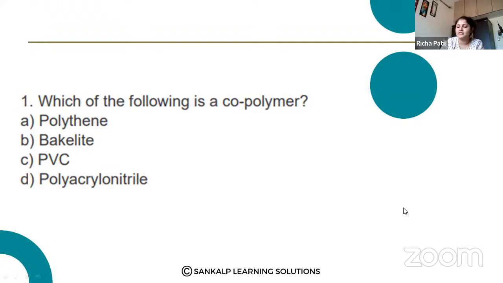It is B. Polythene is made up of ethene. Polyvinyl chloride, PVC, is made up of only one unit, vinyl chloride. Polyacrylonitrile is made up of only one unit, acrylonitrile. Bakelite is made up of phenol and formaldehyde. So which one is an example of copolymer? Bakelite. So B is the right answer. So we'll go for the next one.